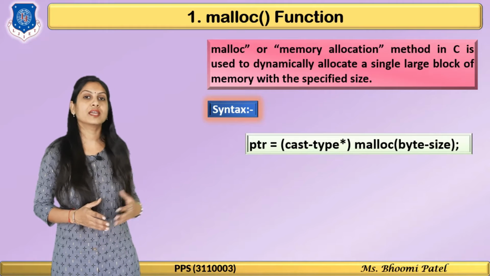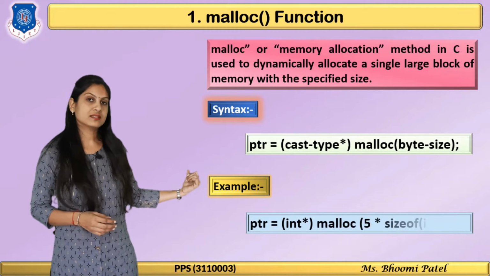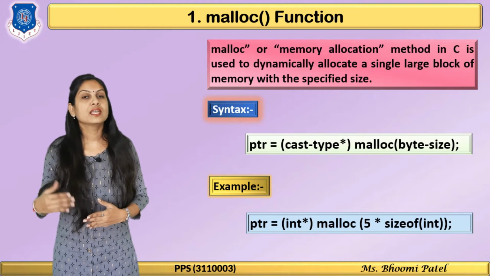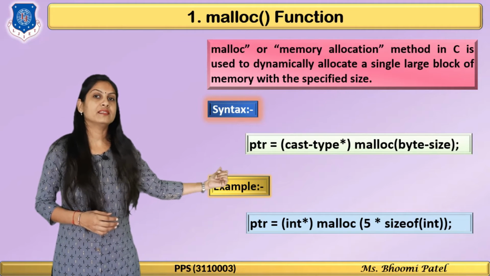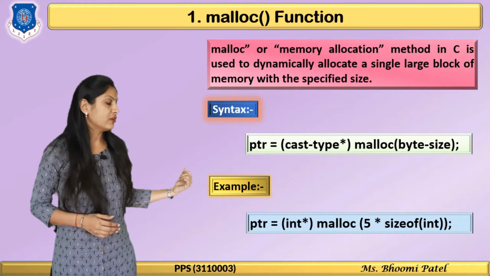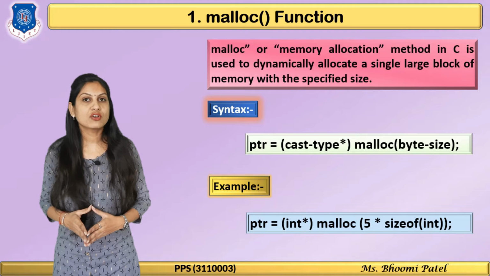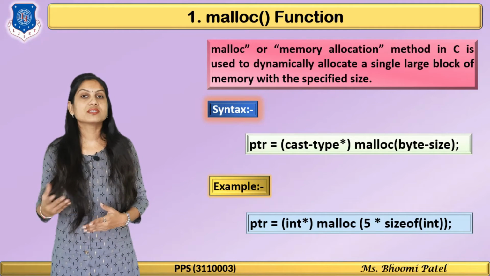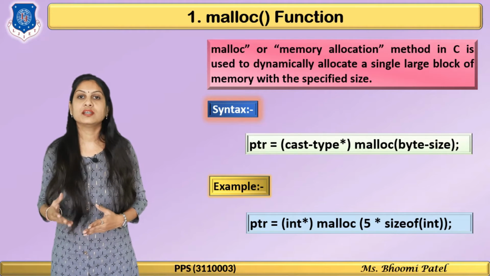So let's understand with an example. Here ptr equals int star, which means we are storing integer values when this memory is allocated, and then the malloc function, and then 5 into sizeof(int), which means you can store 5 different values of type integer. The size of integer I can't say exactly, because it depends on the processor. For a 64-bit processor it is different, for a 32-bit processor it is different.